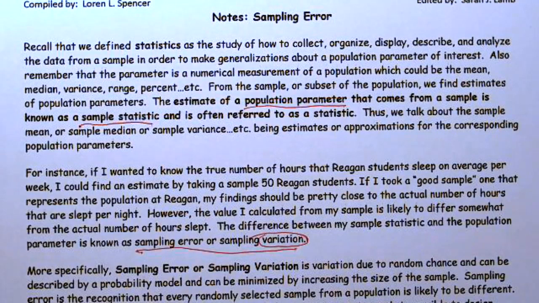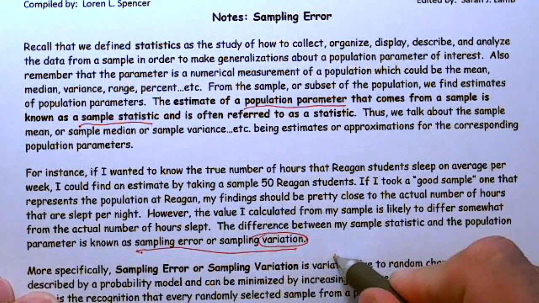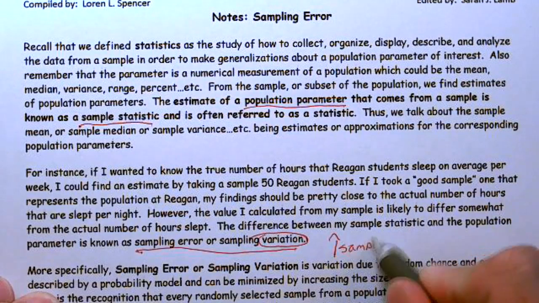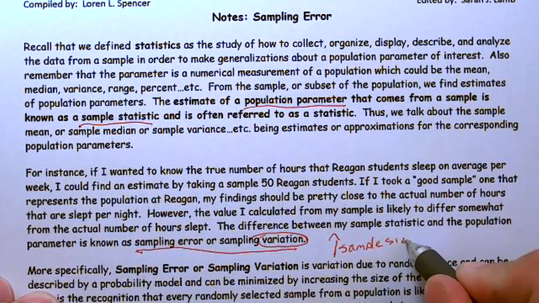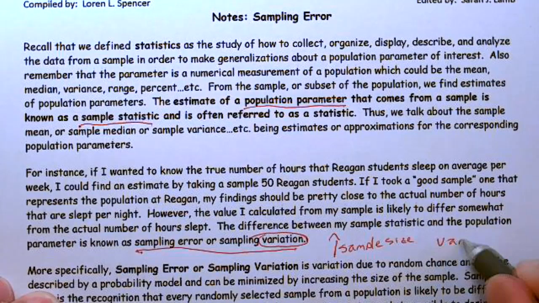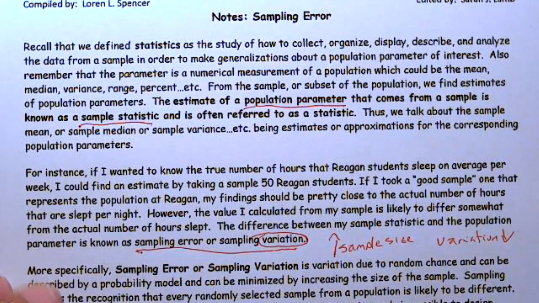All right. And more specifically, I can help reduce that error or that variation by increasing the sample size. So as the sample size goes up, the variation goes down, or sampling error goes down.